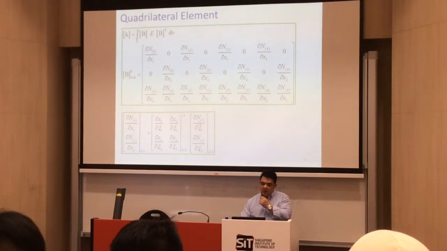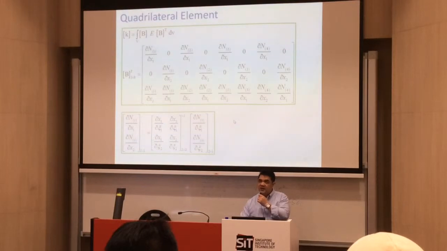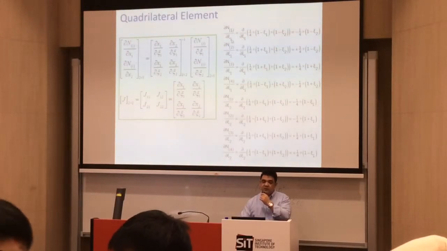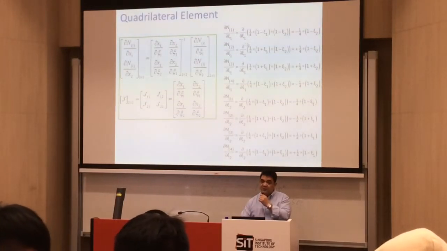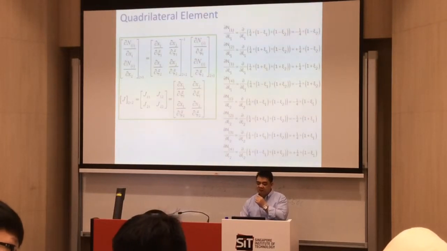So we will have an expression for partial N with respect to c, and an expression for partial x with respect to c1. Looking at this next slide, there you go. This one is very standard for a quadrilateral element. Very standard, no memorization needed.